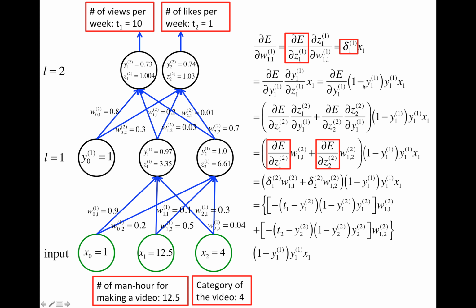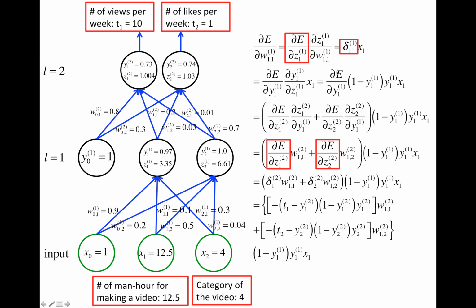Right? It's one subtracted by the output, which is Y11, multiplying the output, which is Y11. So this thing here is actually partial Y11 over partial Z11. That's the derivative of the sigmoid function, represented using the neuron output.